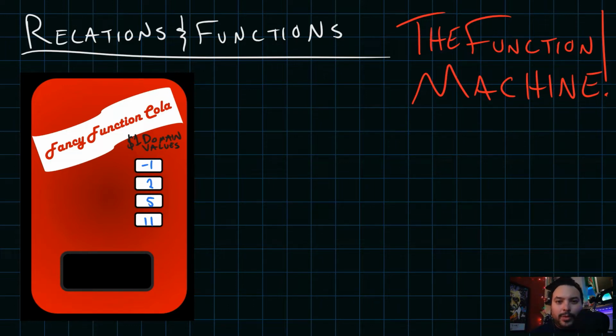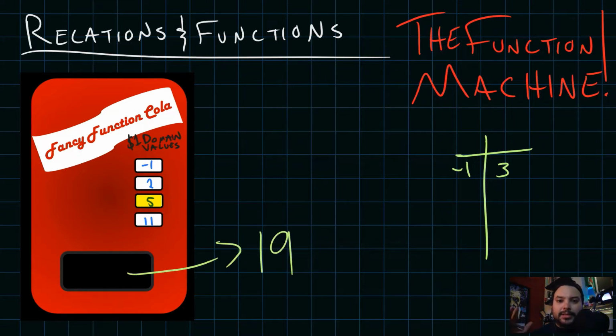Of course, for a vending machine to work properly, when you hit a certain button, you should expect a certain product to come out. For example, if I were to select a -1, I would expect to get, for example, a 3. However, if I were to press the 5 button, this time I would expect to get a 19.